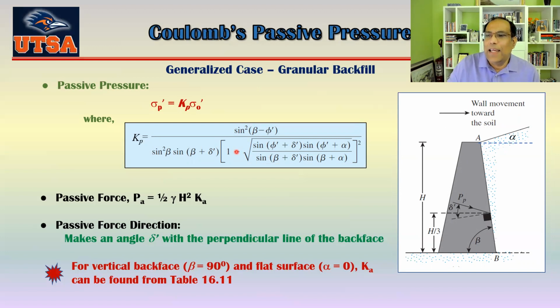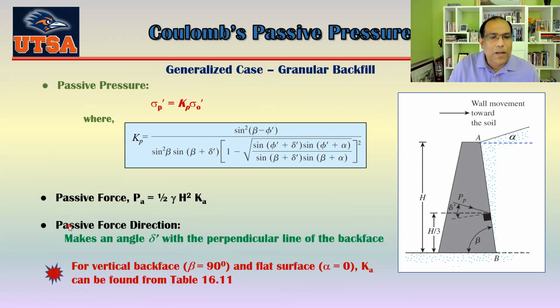So once again, you can get this value directly from this equation or the spreadsheet I provided. You can just plug in values like beta, phi prime, delta prime, and then you can get your Kp from there. Once you get your passive pressure, you can find your passive force from this equation.